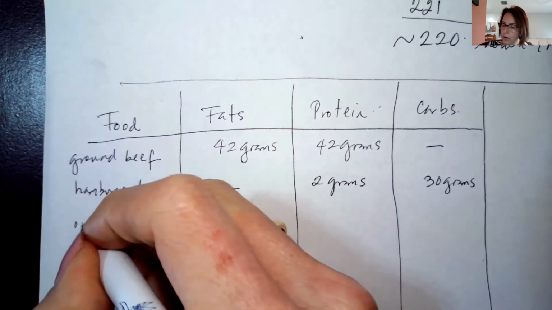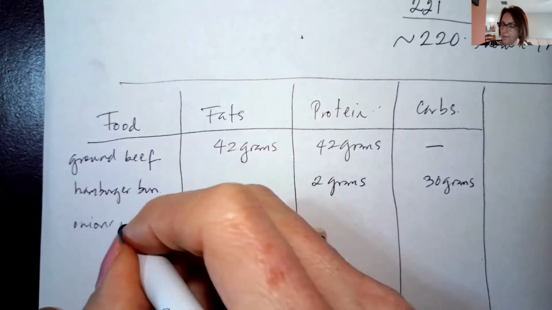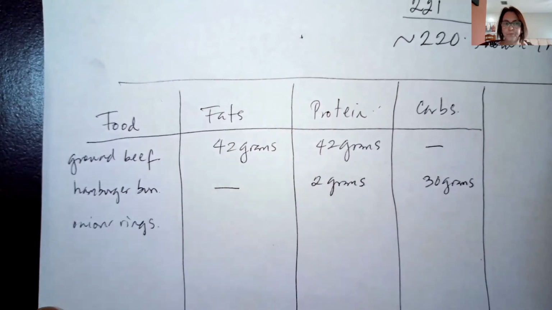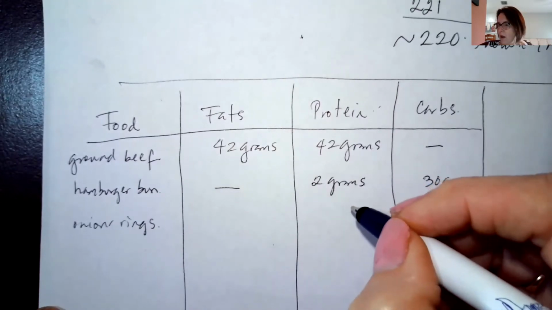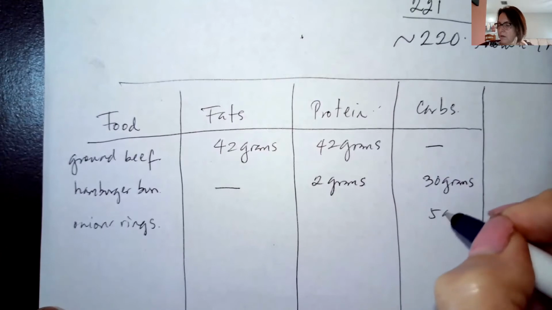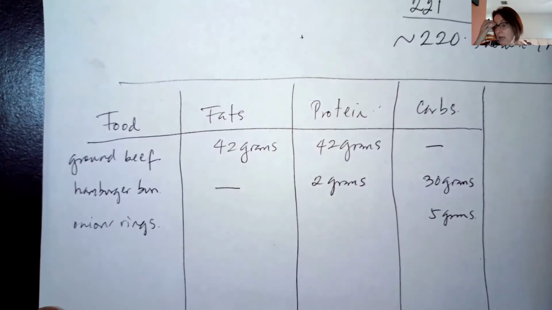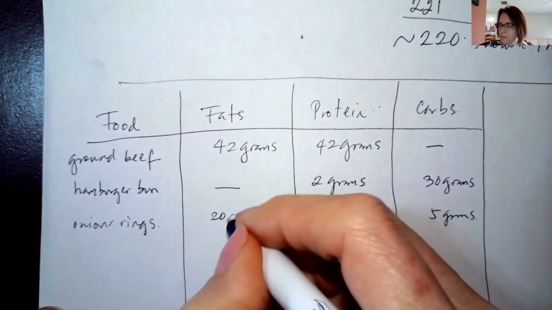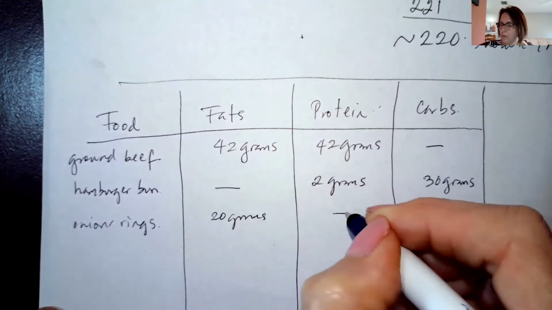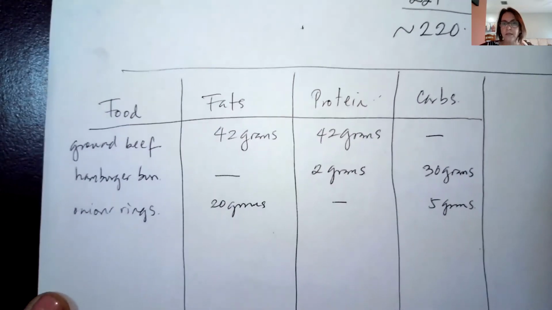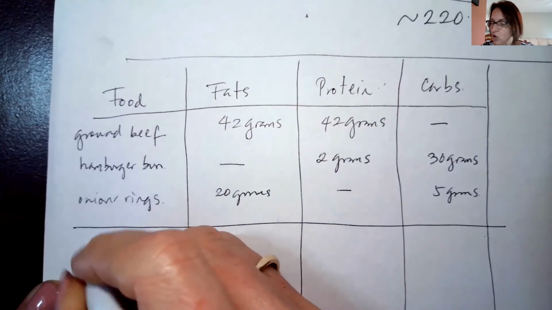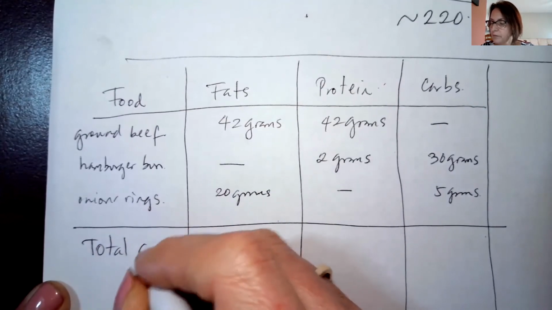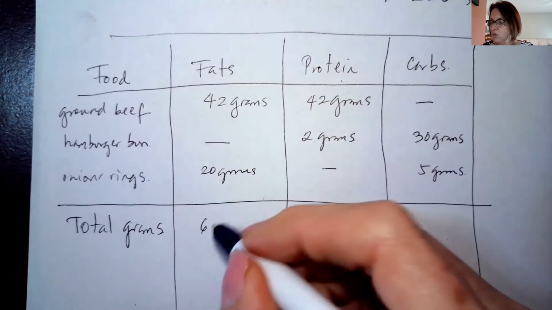And then the onion rings. It says it has 5 grams of carbs and 20 grams of fats. And there is no protein in here. And then you will calculate total grams. 62 grams of fats.